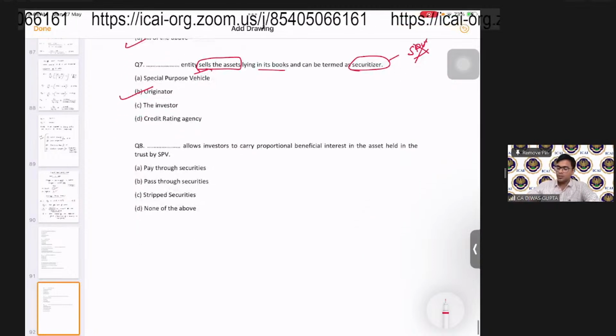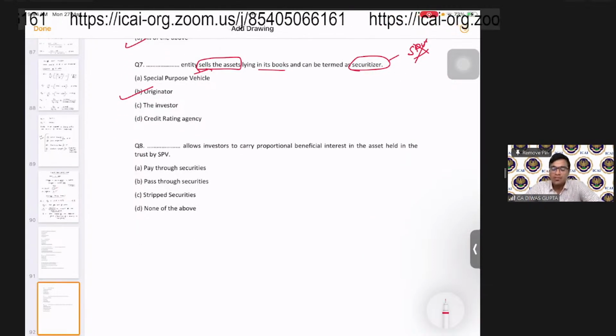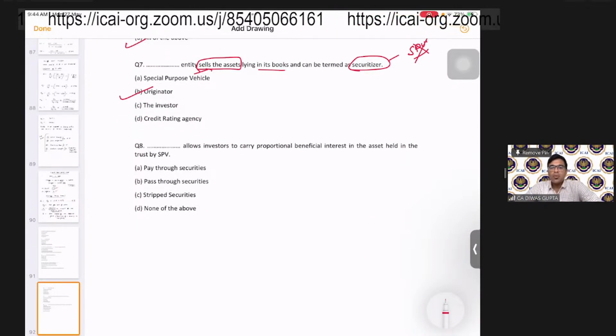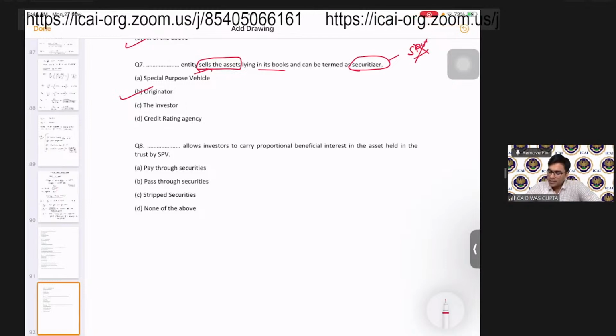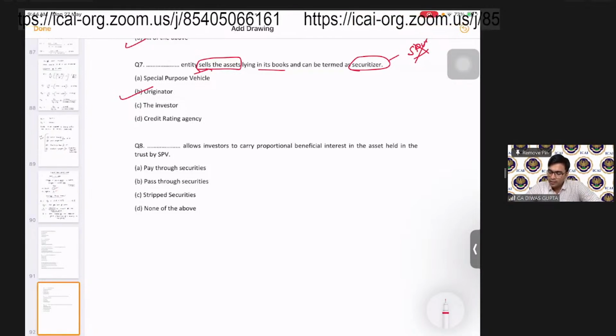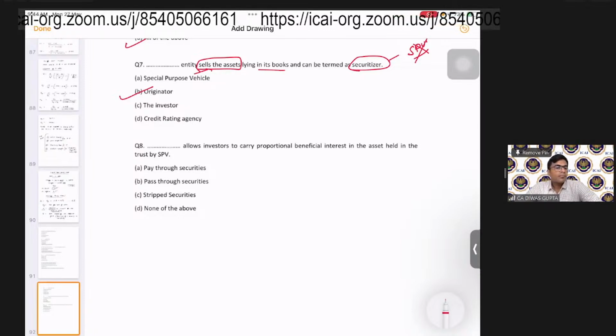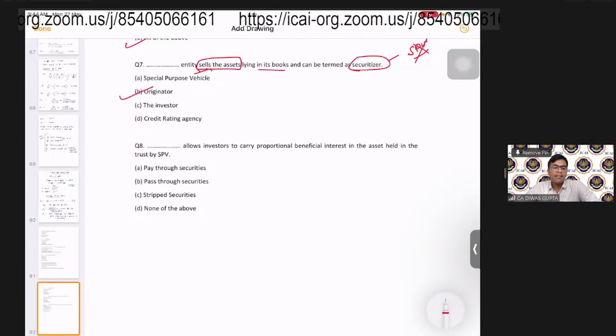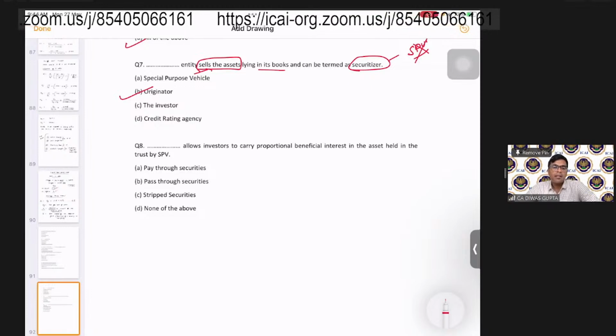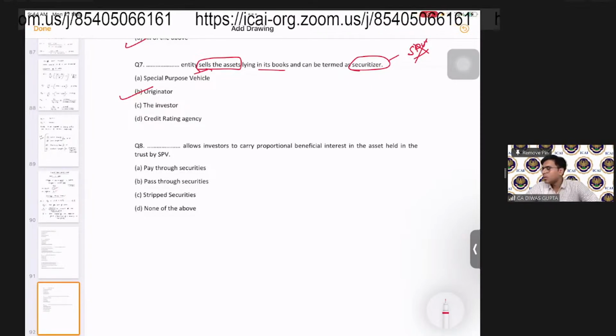Then last question, question number 8. Dash allows investors to carry proportional beneficial interest in the assets held in the trust by SPV. Prerna, no. Please recheck your answer. Abrikesh, yes, you're right.